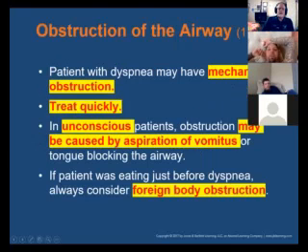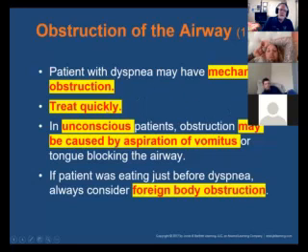Airway obstruction, mechanical obstruction. There's a Lego that's down there blocking things, or it could be inflammation, could be secretions, whatever is blocking that airway. We need to get it out, open it up.